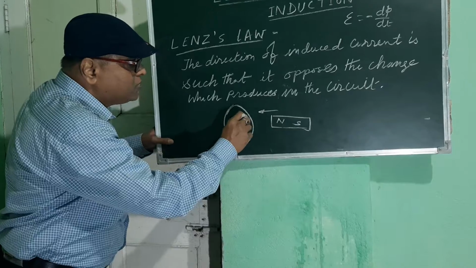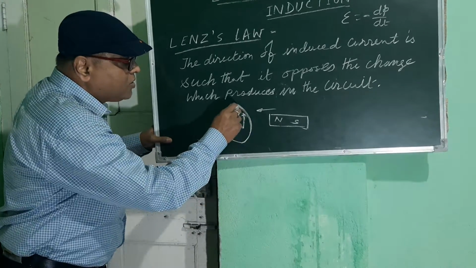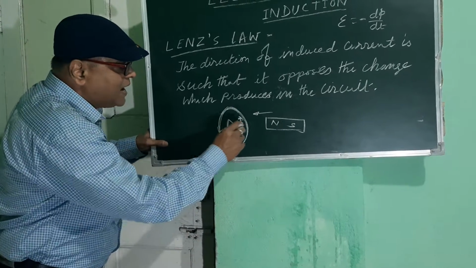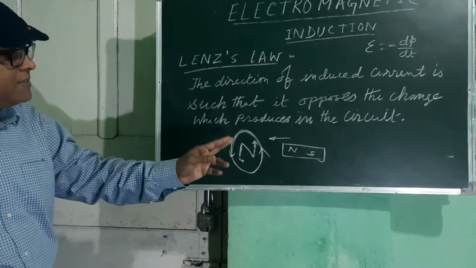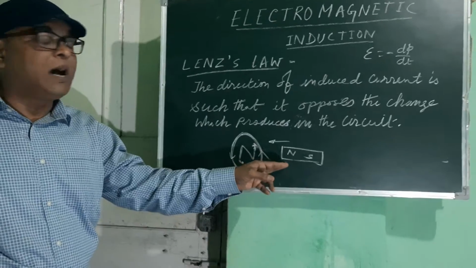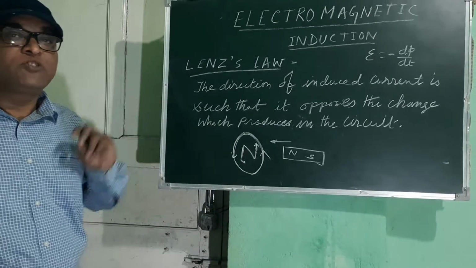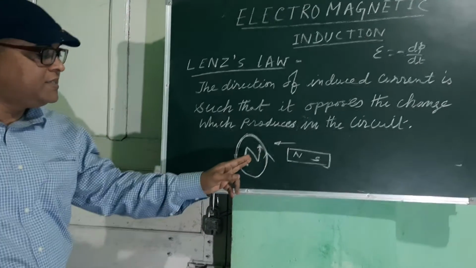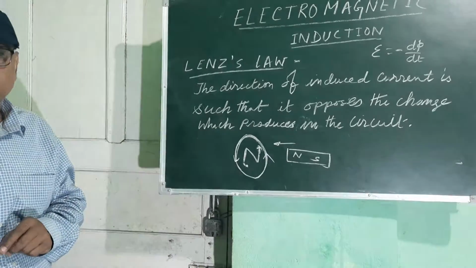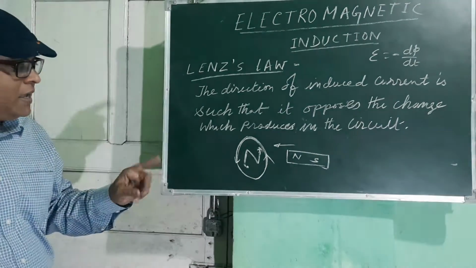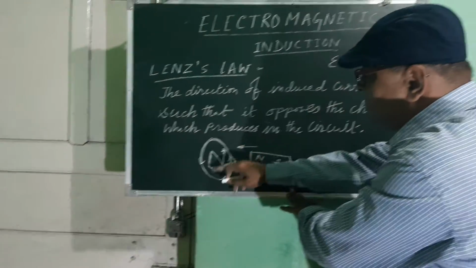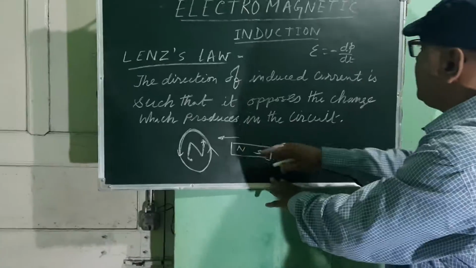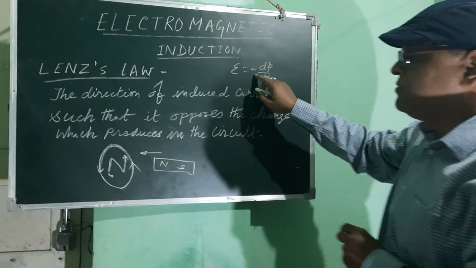When the north pole is produced, the direction of the current will be such that it opposes the increase of flux. When the flux is increased, it will oppose. That opposing condition gives the negative sign.